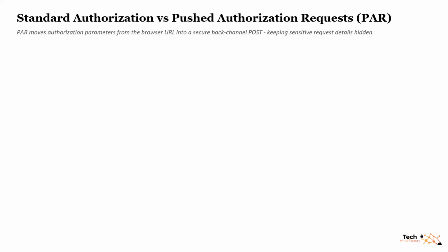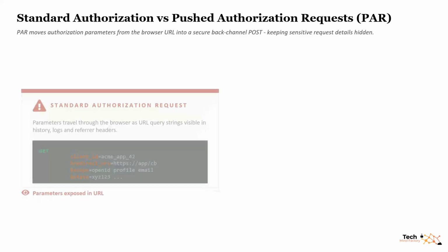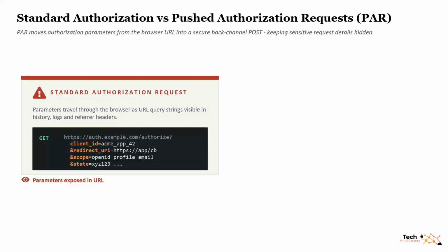So let's start with the difference between standard authorization and push authorization requests, or PAR. So PAR moves authorization parameters from the browser URL into a secure backchannel post, keeping sensitive request details hidden. So let's start with standard authorization request first.